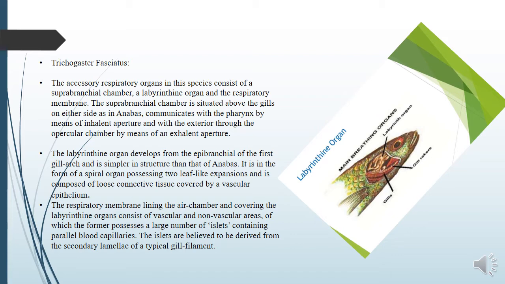The respiratory membrane lining the air chamber and covering the labyrinthine organ consists of vascular and non-vascular areas, of which the former possess a large number of islets containing parallel blood capillaries. The islets are believed to be derived from the secondary lamellae of the typical gill filament.